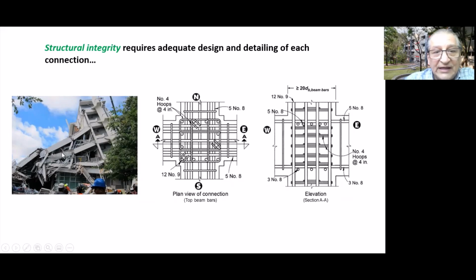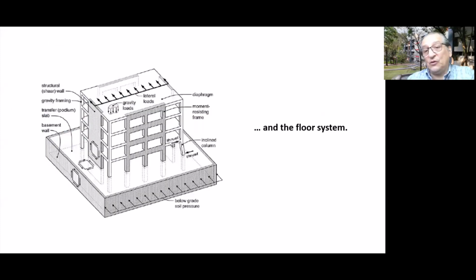To avoid this type of behavior, in which we can see structures in which the structural members or elements exhibit very little damage, but there is a collapse because of excessive damage in the connections. And also in terms of structural integrity, we are paying a lot of attention to the design and detailing of the floor systems, because somehow the floor systems interconnect all the vertical elements of our structural system and make them work together.